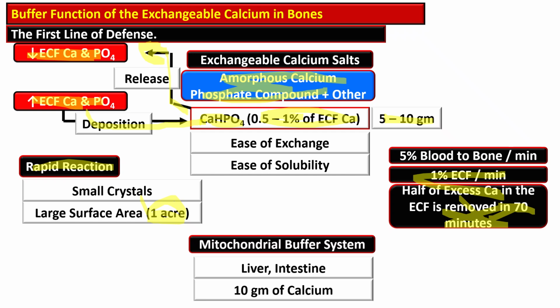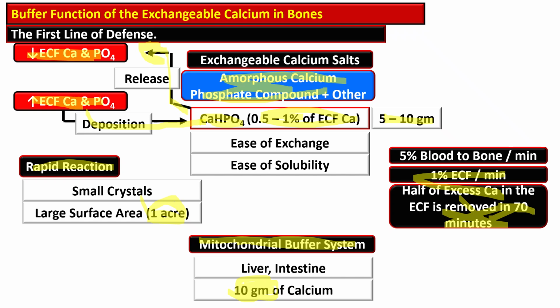There is an additional buffer system, the mitochondrial buffer system. Many mitochondria, especially in liver and intestine, contain exchangeable calcium, around 10 gram in total, and serve as a secondary buffer to calcium homeostasis.